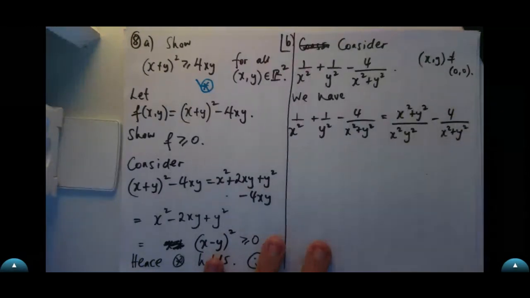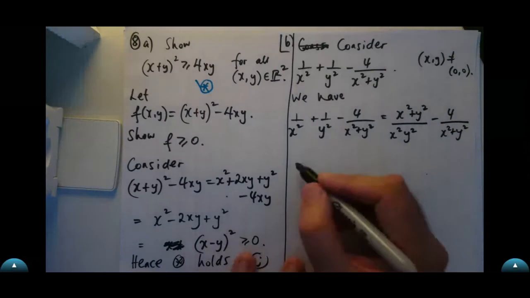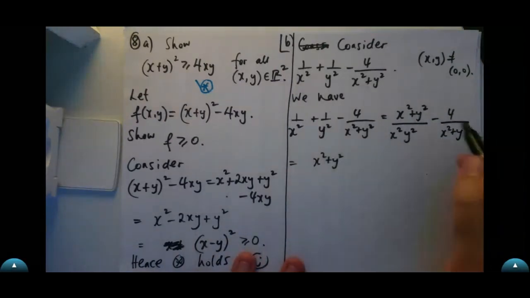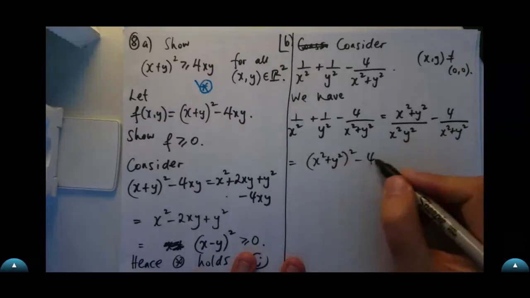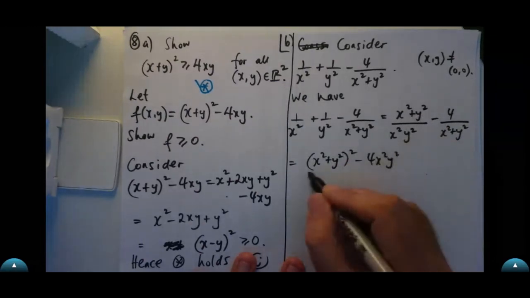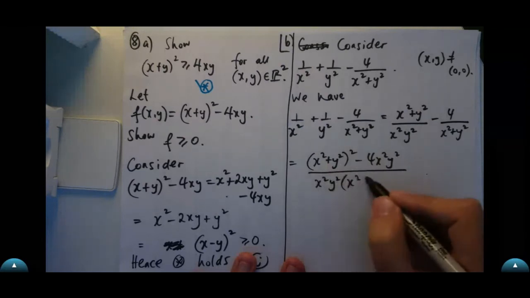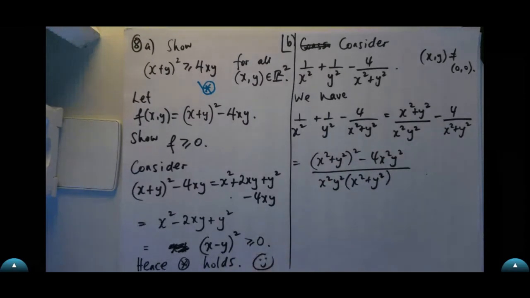And then you can put this over one common denominator just by cross multiplying. Notice you've got the same thing there.